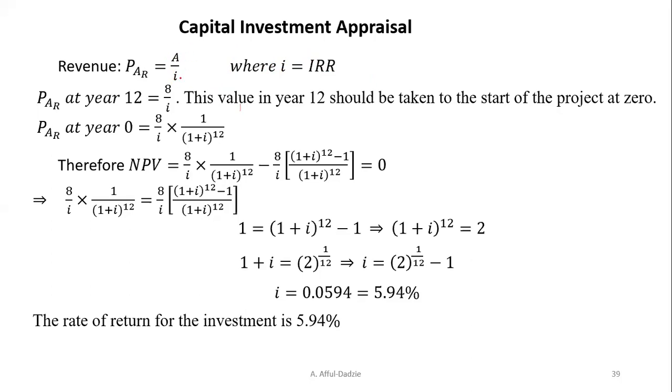So for the case of perpetuity, you're saying A over I, which we do not know, so we just leave this here. And they say this value in year 12 should be taken to the start of the project at period 0. So we take P, the present value of the revenue at year 0, as A over I times 1 over (1 plus I) to the power 12.